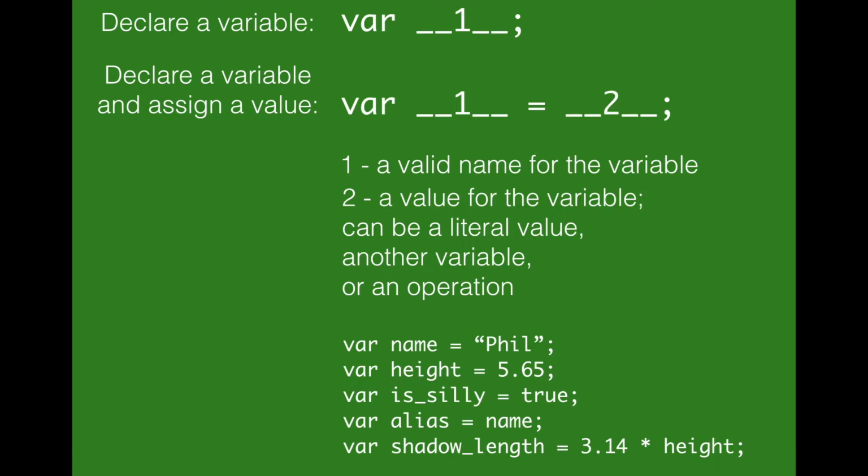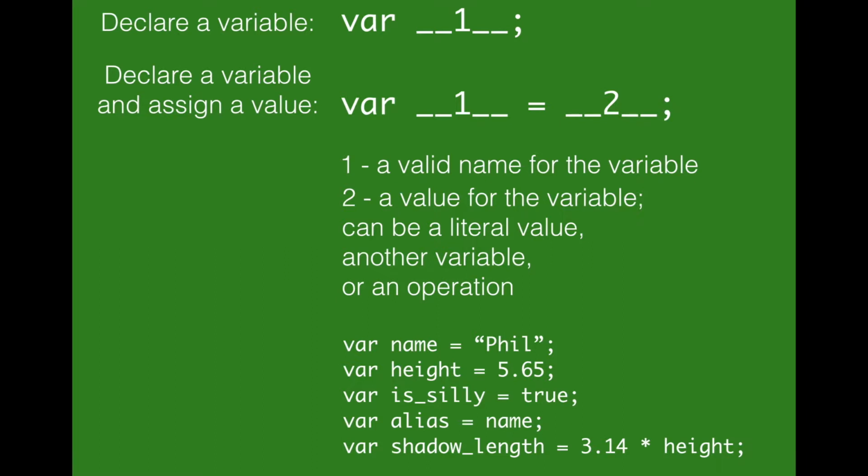We have used the var keyword in both of these cases because it's the first time we have used this variable, and so we are formally declaring it with the var keyword. But note that after we have declared it, we do not have to use var every time we use it. So for example, look down at the bottom of this slide. In the set of code that begins with the var keyword down there, there's the second line that says var height is assigned 5.65. Notice that on the very last line we have the variable shadowLength is assigned 3.14 times height.